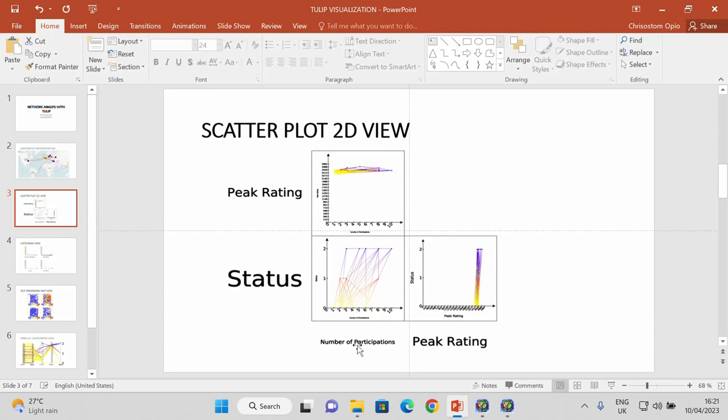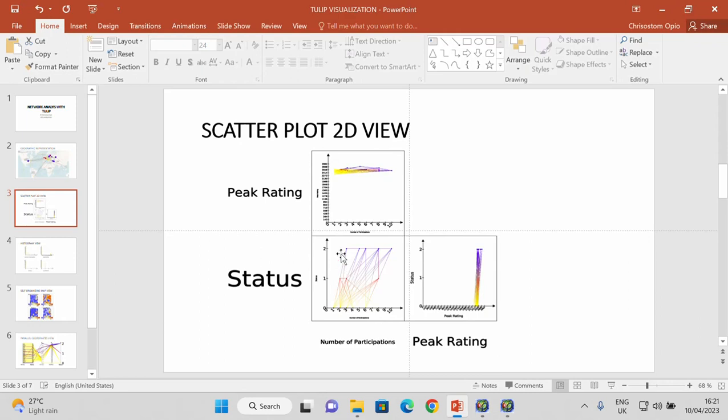There's peak rating versus number of participations, status versus number of participations, and status versus peak rating. Now, when you look at status versus number of participation, we see that those who are status 2, in other words, color coded blue, who are the world champions, participated more than the other groups.